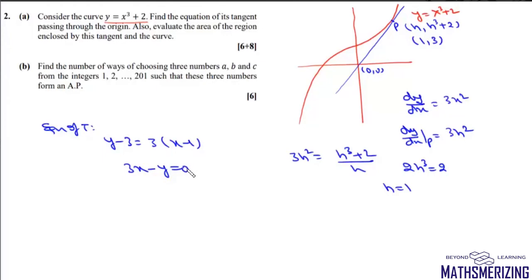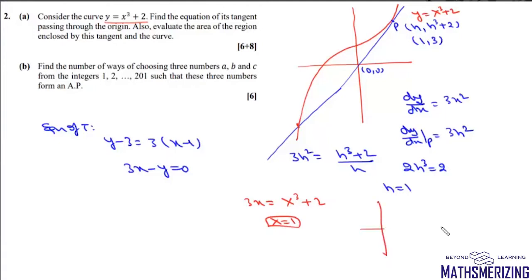Now it says also evaluate the area of region enclosed by this tangent and the curve. So this tangent will again intersect this curve at some point. So we'll find this point of intersection. So we'll put y as 3x. So we'll get 3x equals x cube plus 2. So one of the roots is x equals 1.